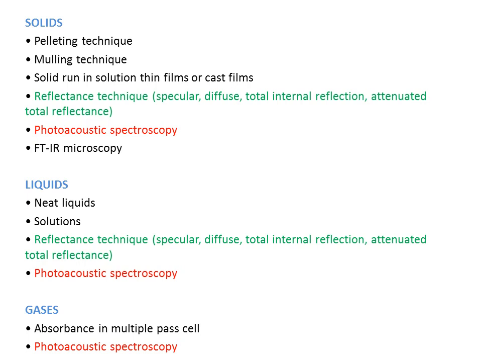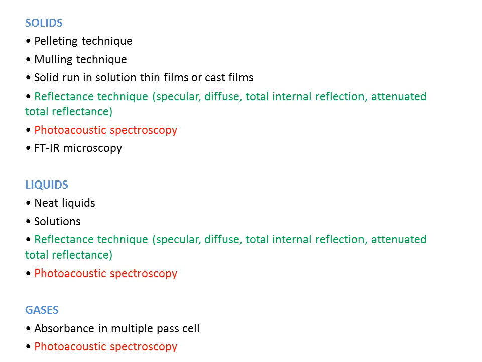Now in case of IR, as you can handle any type of material, solid, liquid or gaseous, you have a different sample preparation technique for each of them. If you have a solid, you can use a pelleting technique or mulling technique or cast films, reflectance technique, photoacoustic spectroscopy and FTIR microscopy.